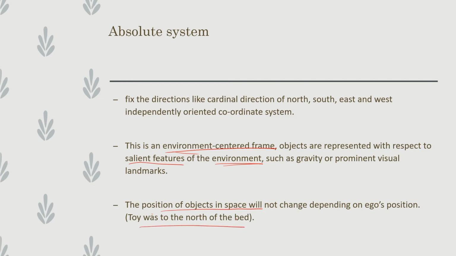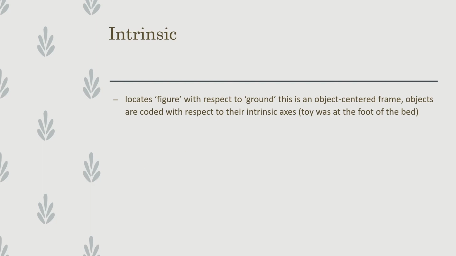So, the toy is to the north of the bed, we do not talk about it. We can say toy is to the right of the bed or to the left of the bed or on top of the bed or so on, but these languages will use north, south, east, west to denote the spatial location of objects using this kind of a cardinal system. And that is where the schemata differs.